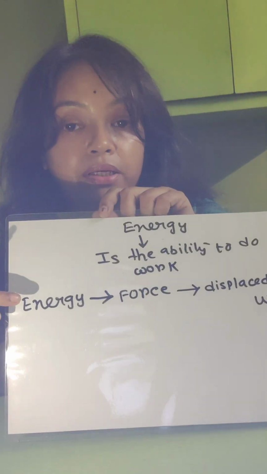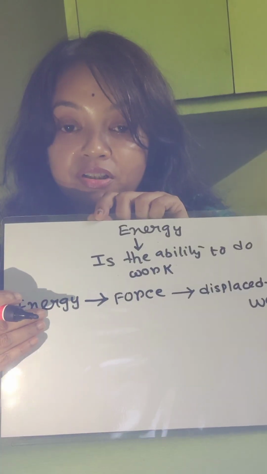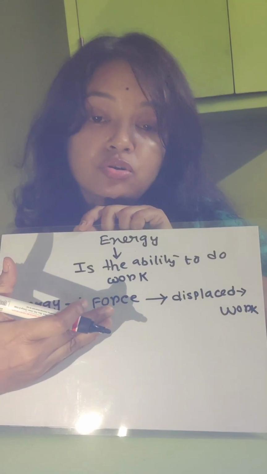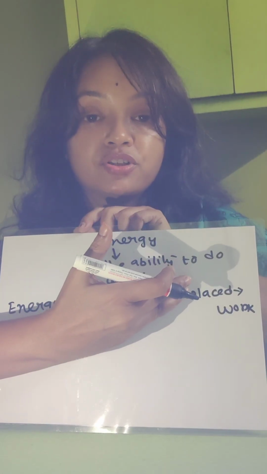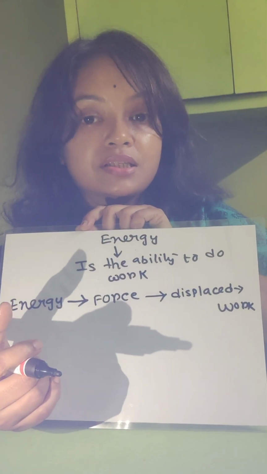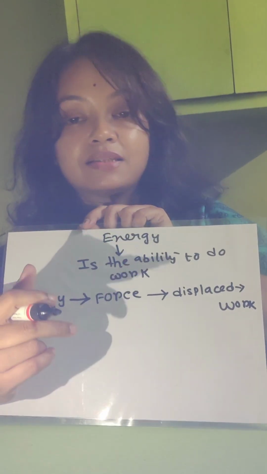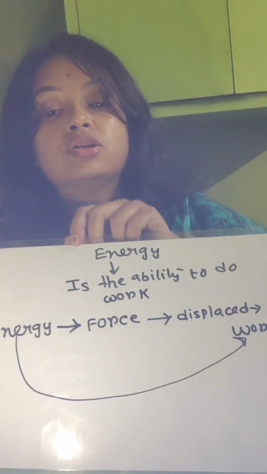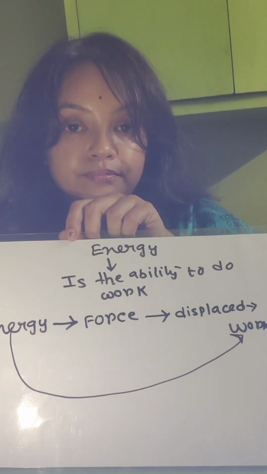Whenever we are applying force with the help of energy, and this force causes a displacement of the object, then it is said work is done. Hence, it is said that energy is the ability to do work.